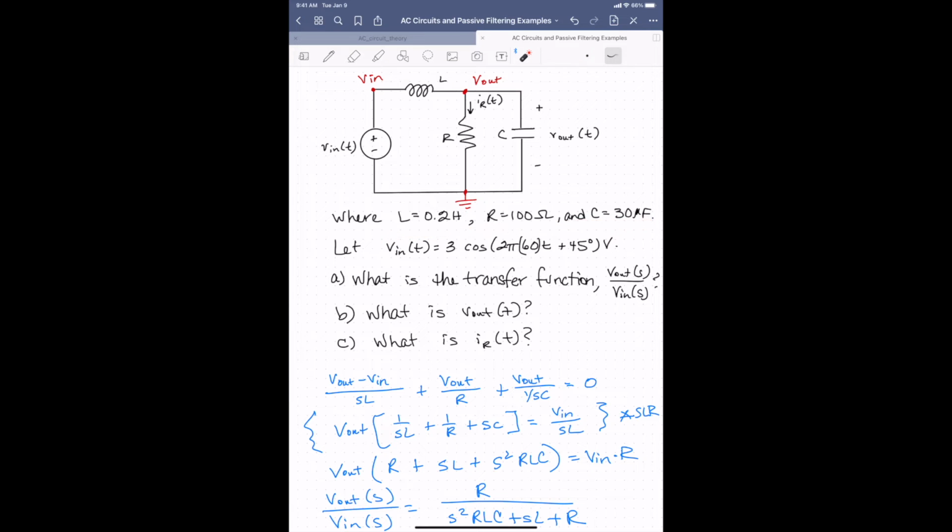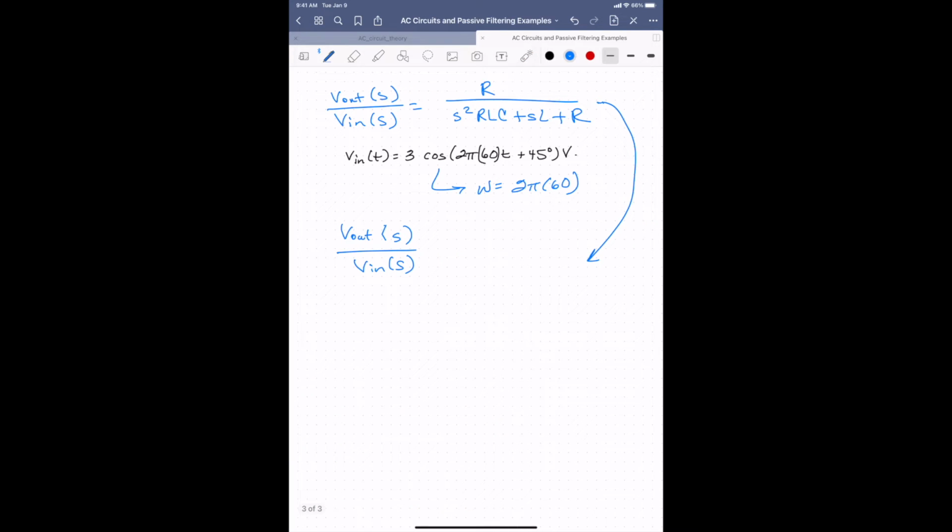Plugging in those values and just simplifying gives us 100 over 0.0006 S squared plus 0.2 S plus 100. I'm going to give this a name, H of S, just so I can write it. Now we can take this Vn and write it as 3 at an angle of 45 degrees volts. And this will become useful in a moment.